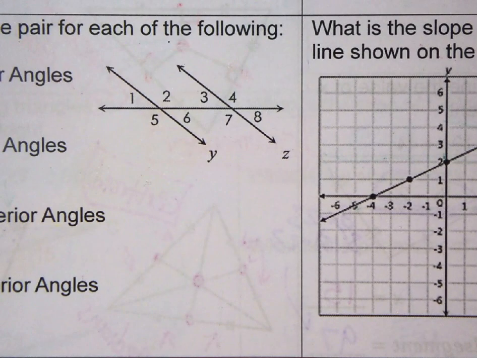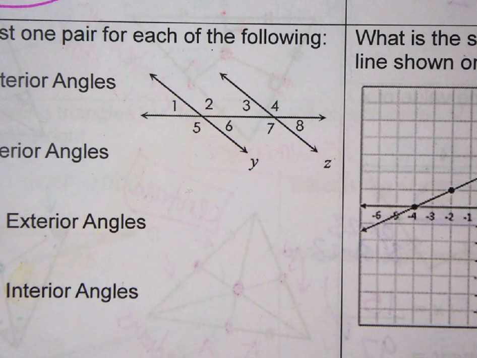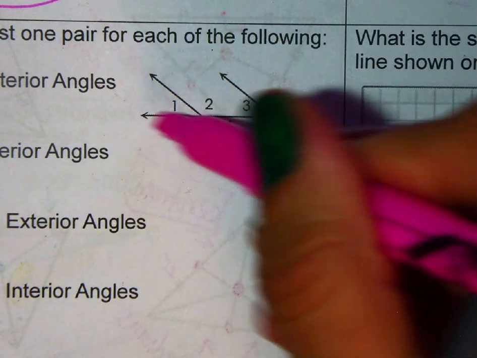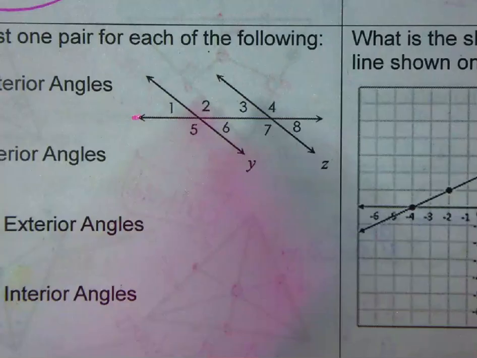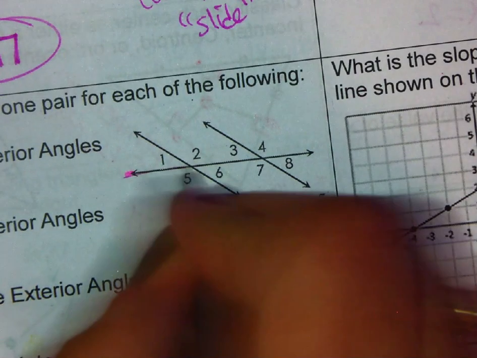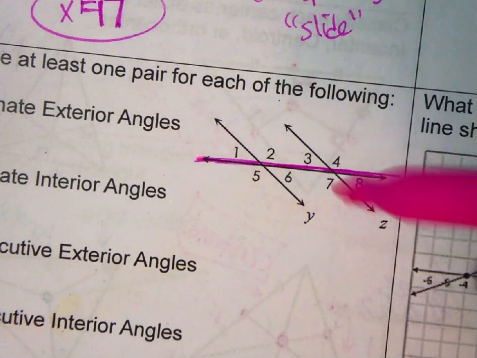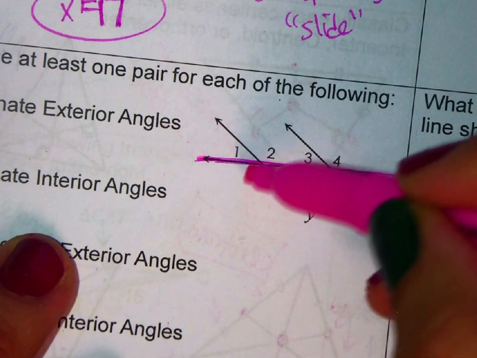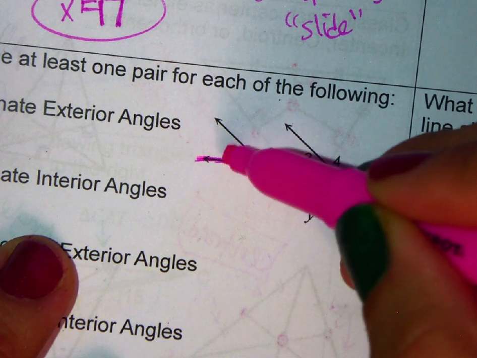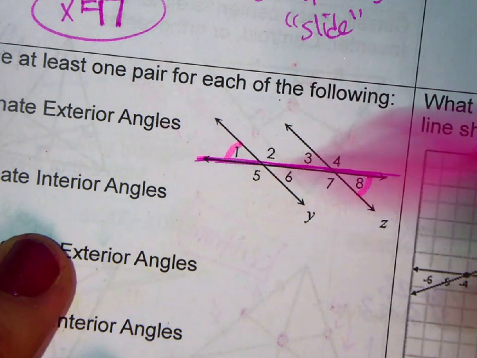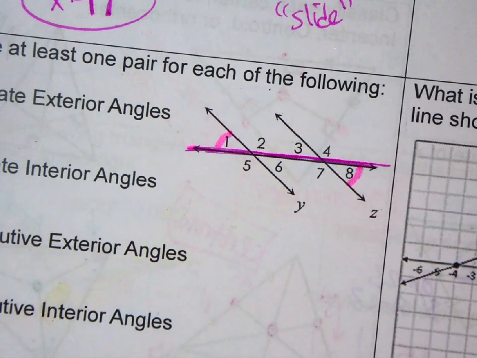For the next part, we have alternating angles. So the transversal line cuts through the parallel lines, creating alternate exterior, meaning the outside. So like 1 and 8, those are outside of the parallel lines. The parallel lines being right here.